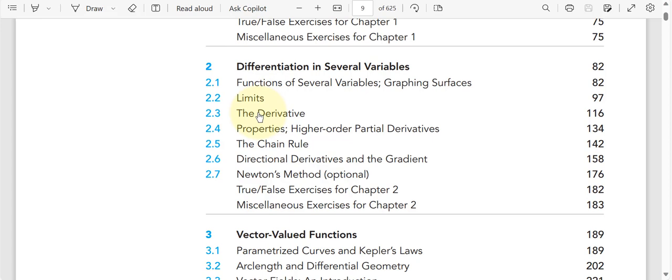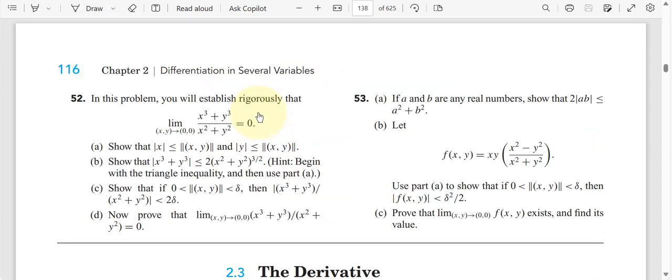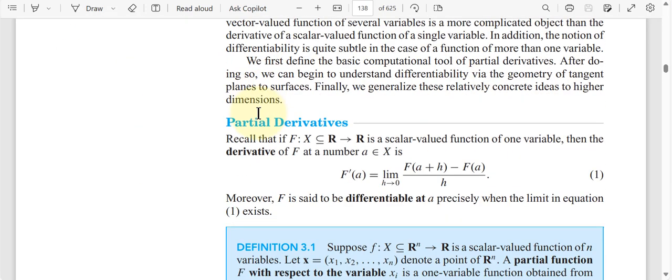Okay, so now we are going to look at this chapter, and we're going to jump right to here. We're not going to follow the full approach that they use in this text. We're just going to review some of the ideas that hopefully you're already familiar with. So they give the definition of derivative.